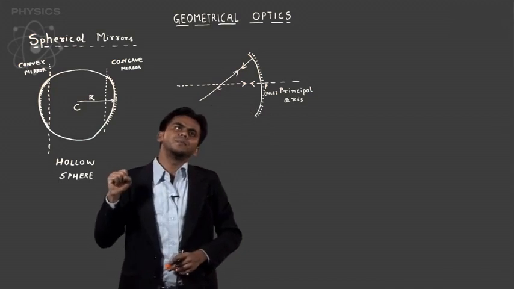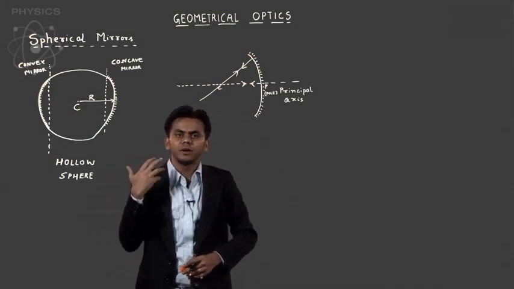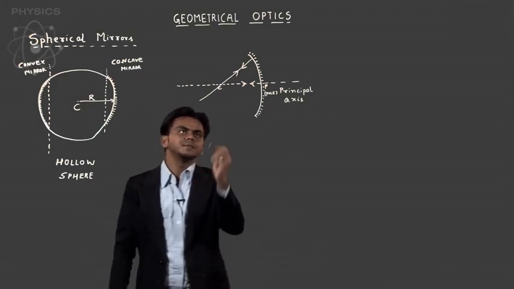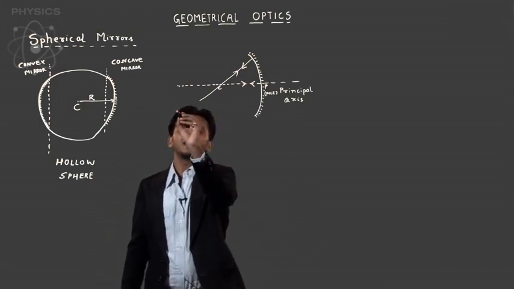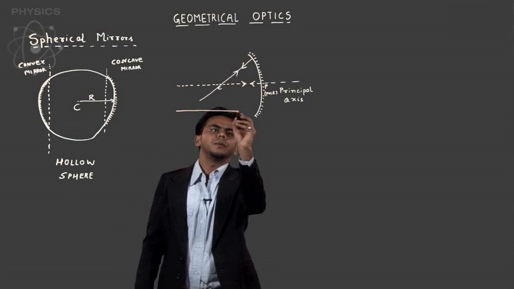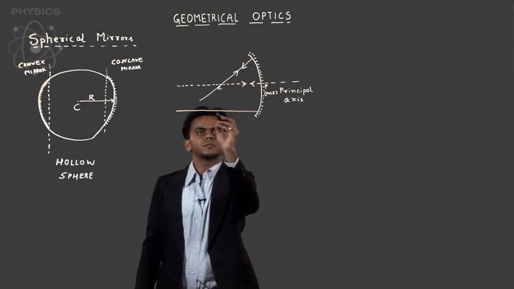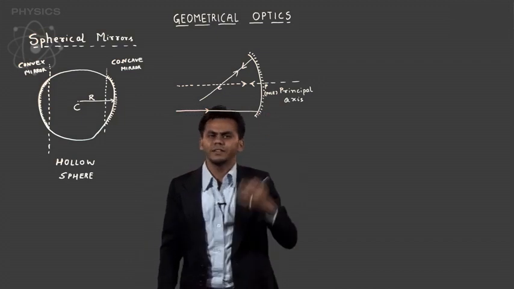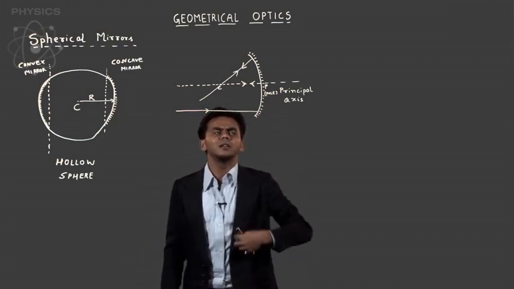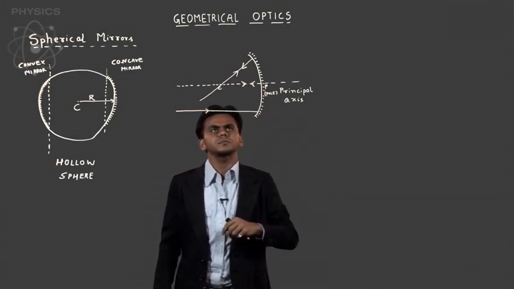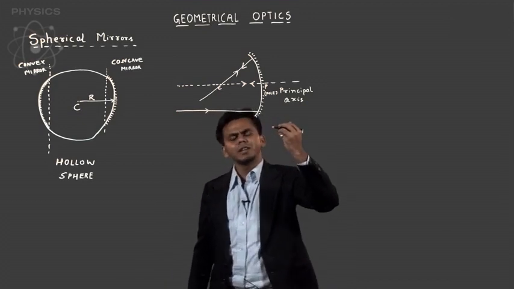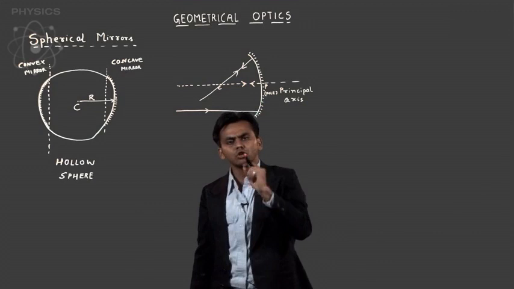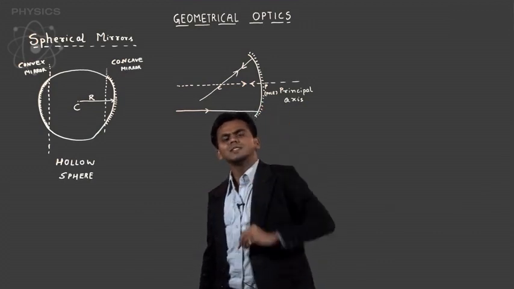Now let's have a different sort of a situation. Let's say you have parallel rays. If you have a parallel ray coming to this mirror, this is your incident ray, this is parallel to the principal axis. Whenever I say parallel, it is parallel to the principal axis. Now, how would reflection happen? Any line passing through the center of curvature is a normal, and it should also meet this point.